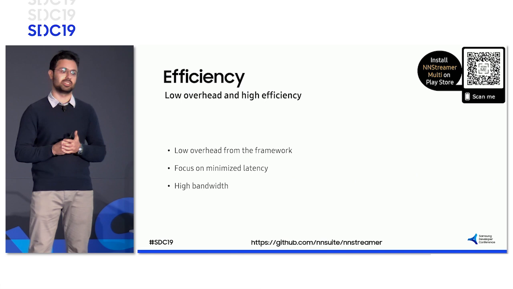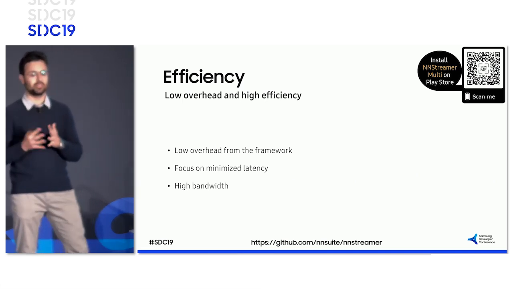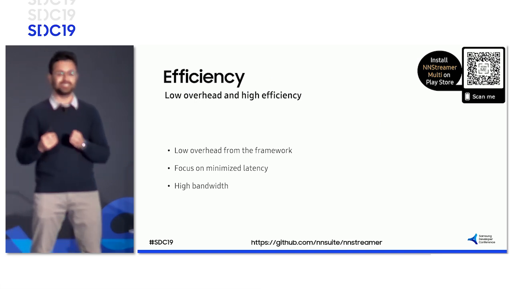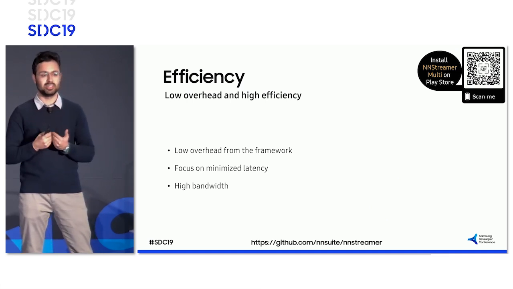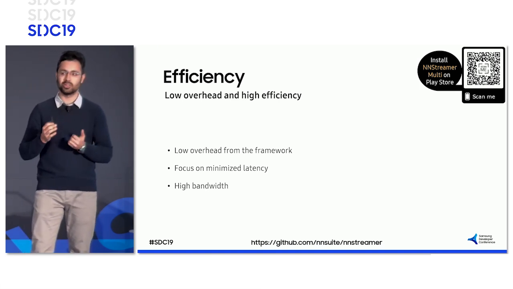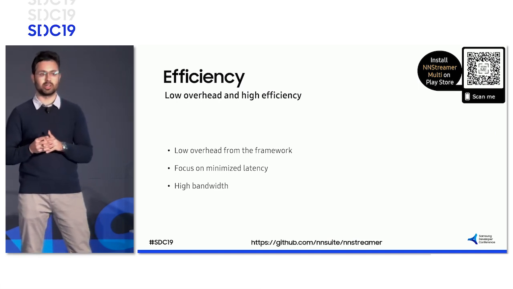So the first reason is efficiency. We have tried to reduce the overhead of our framework, focus on minimizing the latency, especially in our live stream data pipelines. The latency matters a lot because our data is coming in live. So we have focused on those kinds of issues so that the latency is minimized when using the platform.